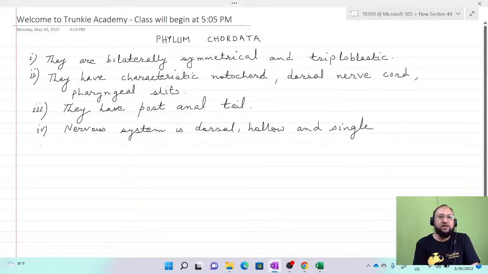The heart is ventral, on the ventral side, with a closed circulatory system.